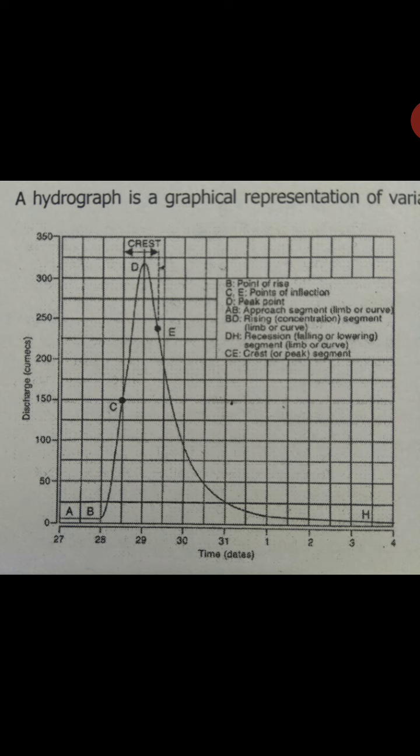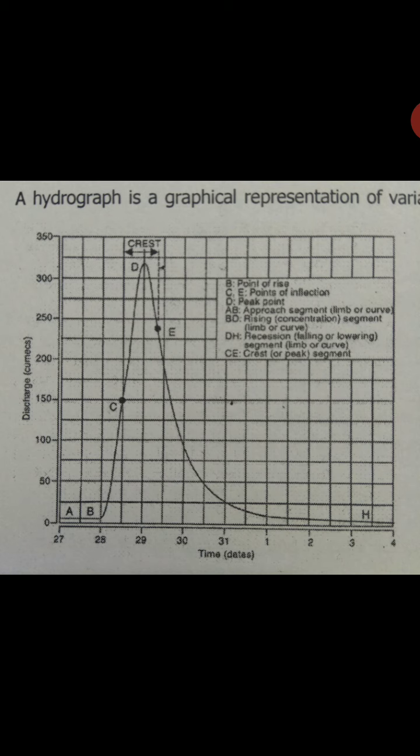Factors affecting flood hydrograph. What are the factors affecting the flood hydrograph? The first one is physiographic factors. Second is climatic factors. In physiographic factors, there are again some points.